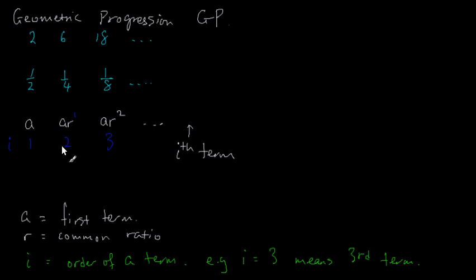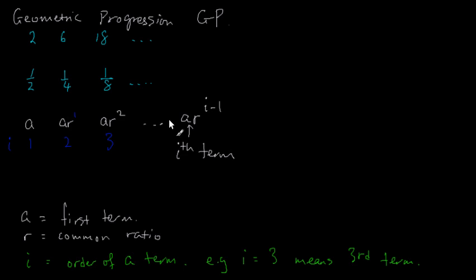So this means that the power of r in each term is always 1 unit less than I. So 1 is 1 less than 2, and 2 here is 1 less than 3. So if you're talking about the ith term, then the formula should be ar to the power of I minus 1. This gives us the formula for the ith term.